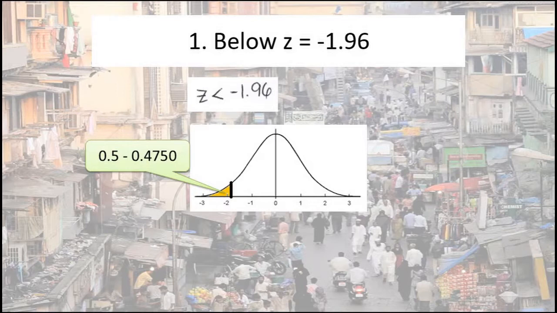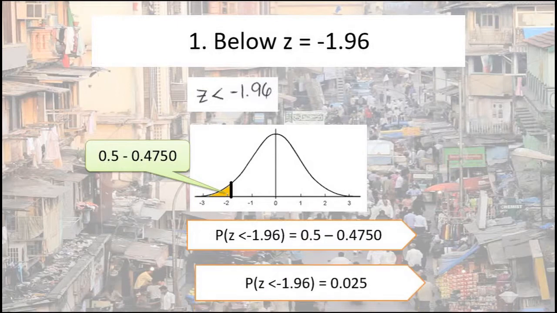So the area there is 0.5 minus 0.4750. So P(z < -1.96) is equal to 0.5 minus 0.4750. So the probability of z less than negative 1.96 is equal to 0.025.